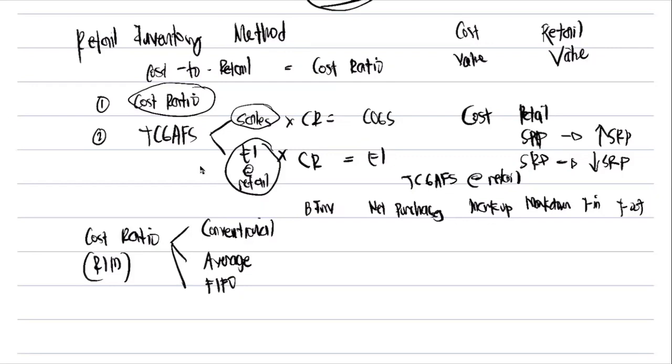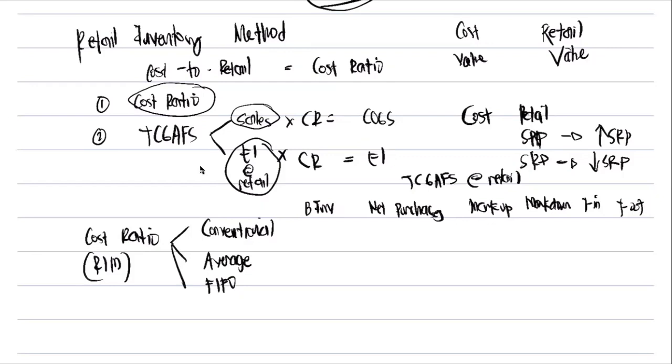Now, under these cost ratios, what are the items inside it? We look at the items inside your total cost of goods available for sale at retail. These are your beginning inventory, net purchases, markup, markdown, transferred in, and transferred out. So we're done with markup and markdown. Markup, any subsequent increase to your suggested retail price.